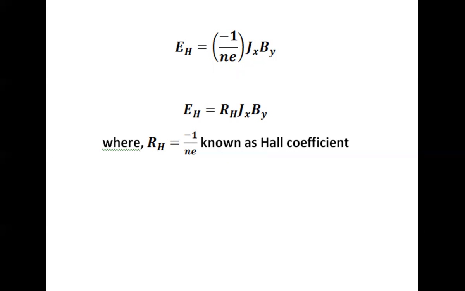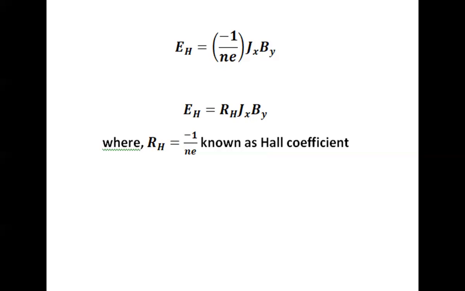Now, what we have completed in today's class is what we mean by the Hall effect. Hall effect means if a current is flowing in a semiconductor, and you apply a magnetic field perpendicular to that current, then there will be a Lorentz force which is mutually perpendicular to both magnetic field and current.